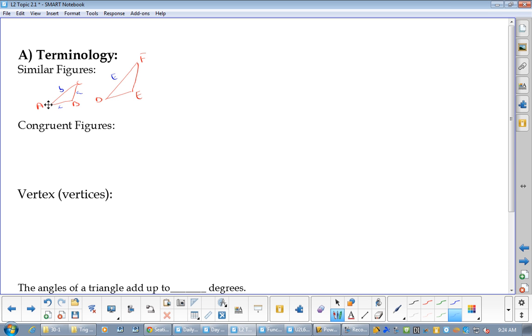This would be E, little d, and F. Now similar figures are same shape, but different size.